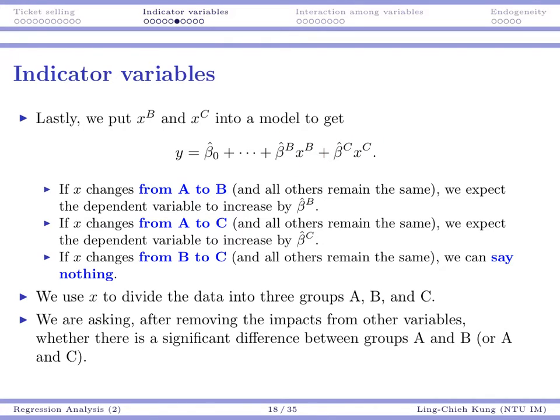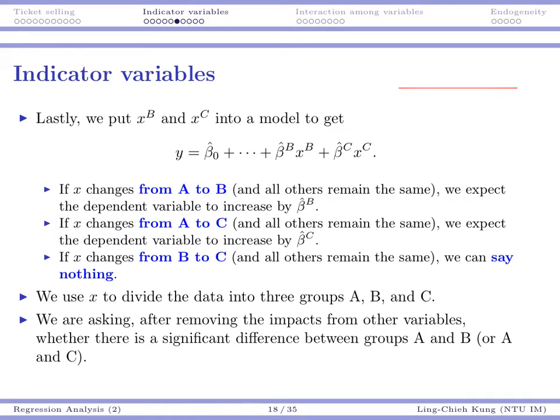Then how may we interpret our model? The coefficient beta hat b tells us what will happen if xb goes up by 1. So if xb goes up by 1, while all other variables remain the same, that means x changes from a to b, right?